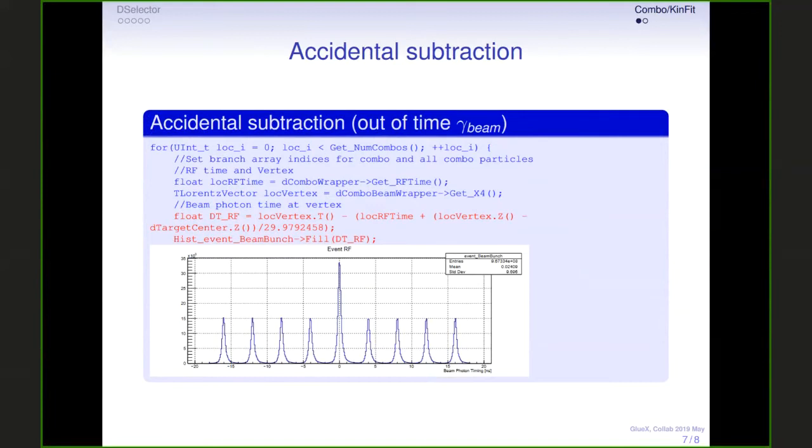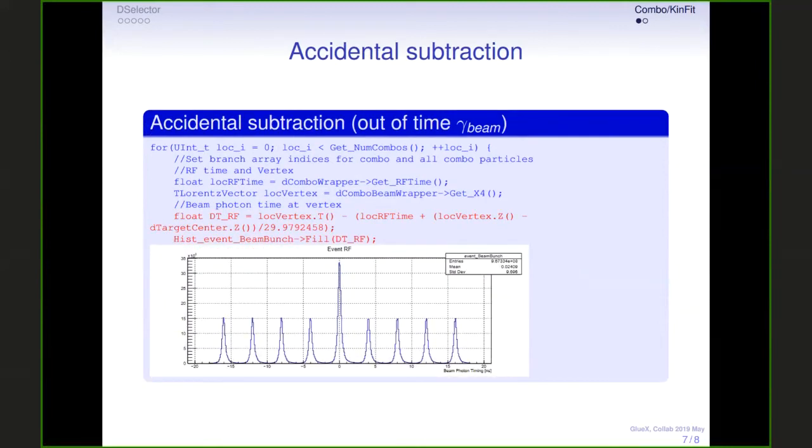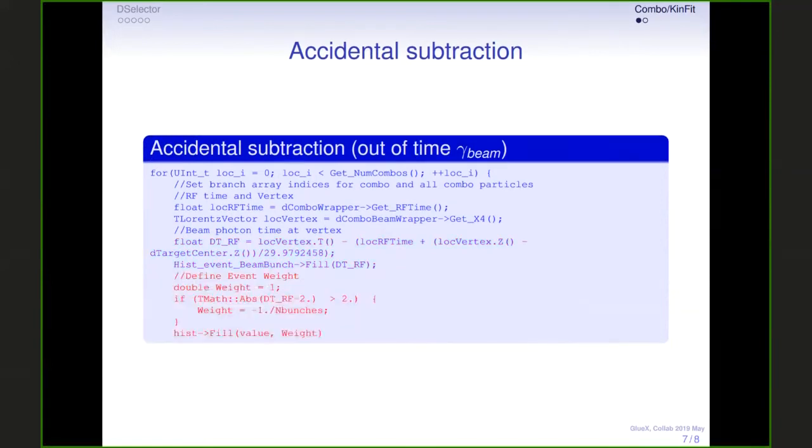And you know that you have about this much background underneath this peak, and one way to subtract the background underneath here is by taking events from here and subtracting them. An easy way to do that is you create a weight of 1, and you say if the time is outside of these plus minus 2 nanoseconds, then you set a negative weight with the number of bunches you wanted to consider.